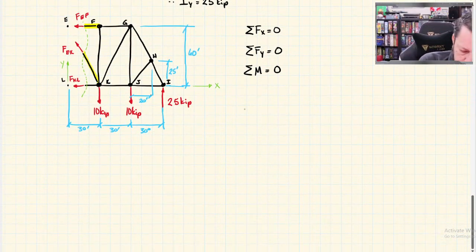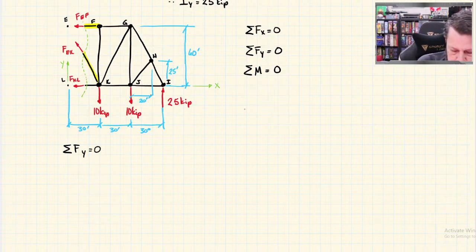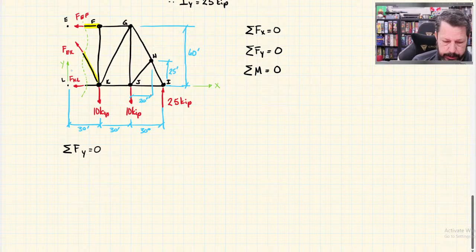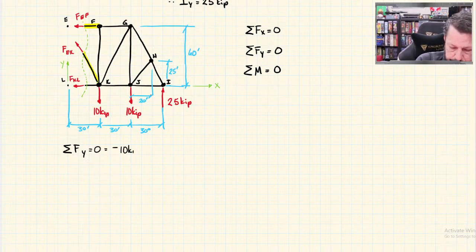So summation of forces in the y direction equals 0. I drew that y is positive when it goes up. So I've got minus 10 kips. That's that guy.